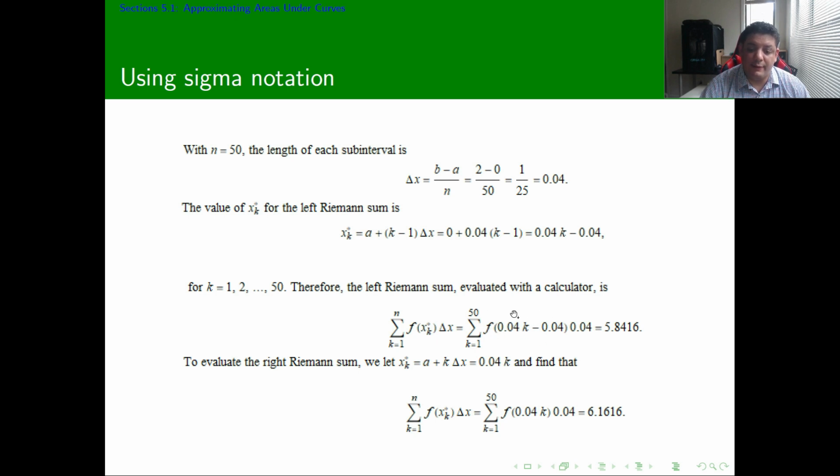We do f of that xk multiplied by delta x, and then we analyze how much that produces. Here we get around 5.8416 after a lot of computations. If we evaluate the right Riemann sum, then xk star equals a plus k delta x, which is 0.04k. If we approximate that, it's going to be 6.16, and so on.